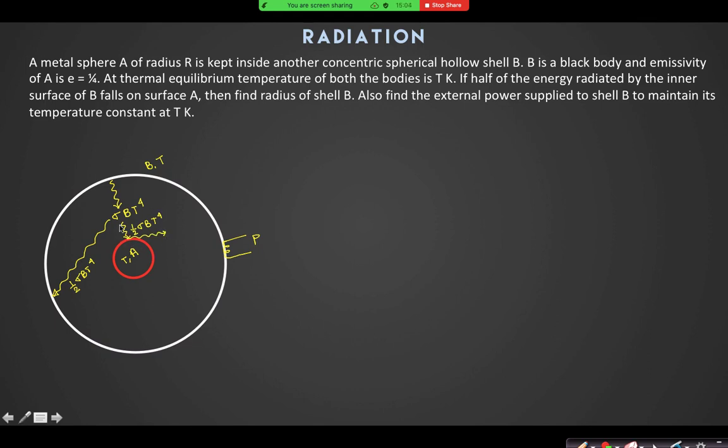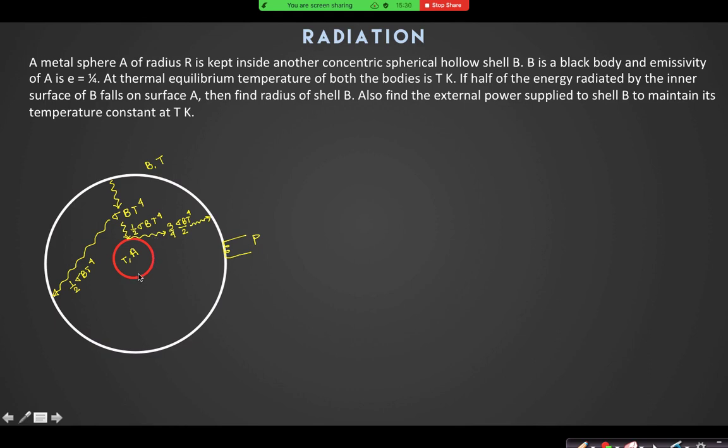Can you tell me what amount of this incident energy will get reflected back? Yes, 3/4, 1 minus E part. So 3/4 of sigma B T power 4 by 2 is reflected back. And this will completely fall on the inner shell of B.